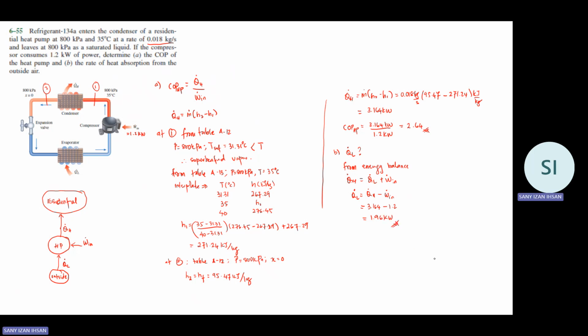That will be the answer to the second part, the rate of heat absorption. You can see that 1.96 kilowatt of heat is extracted from the outside, and you are supplying heat to the room in the amount of 3.164 kilowatt by utilizing work of 1.2 kilowatt to the compressor.